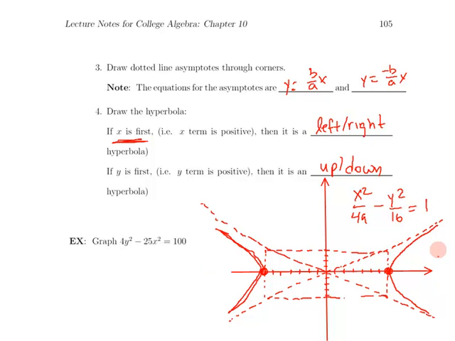That hyperbola is the graph, the set of all points that satisfy that equation. That's what you do every time. You make sure it's in standard form, you find the a, the b, you draw the box, you draw the asymptotes, then you draw the hyperbola.